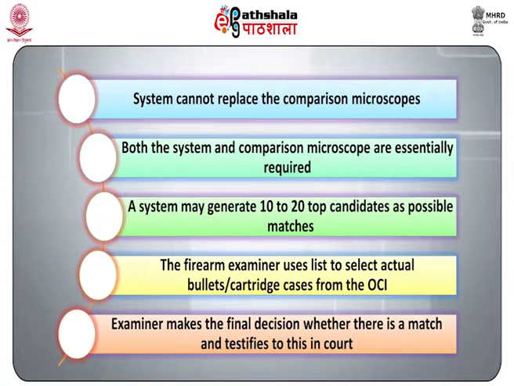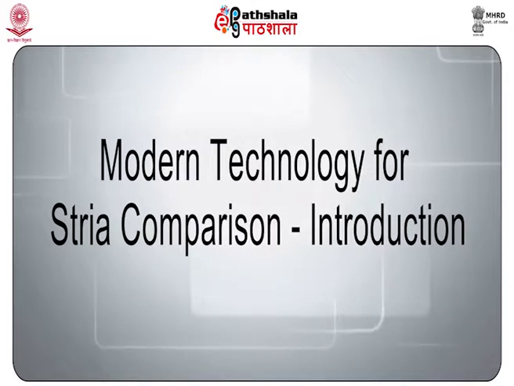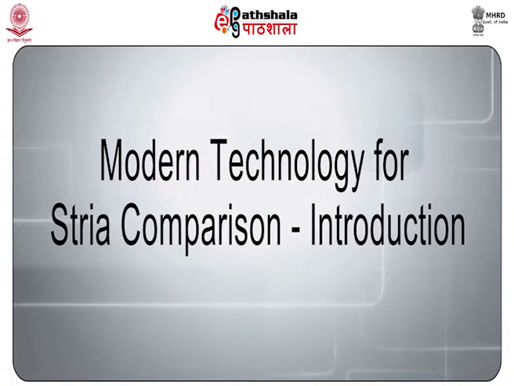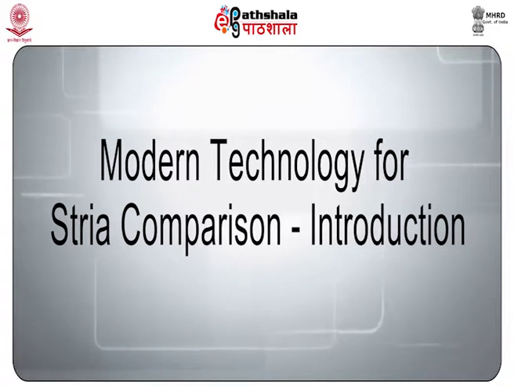The firearm examiner uses this list to select actual bullets or cartridge cases from the outstanding crime index for visual examination under a comparison microscope. It is the examiner who makes the final decision as to whether there is a match, and it is he or she who testifies to this in court. Now let us see modern technology for stereo comparison.